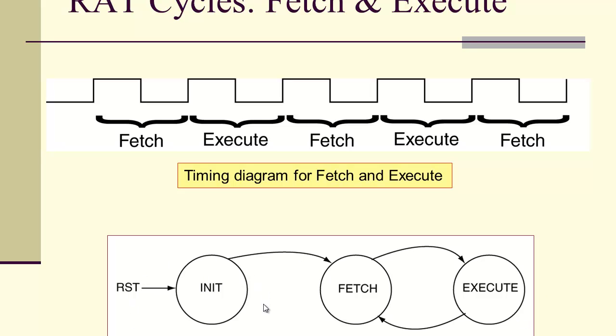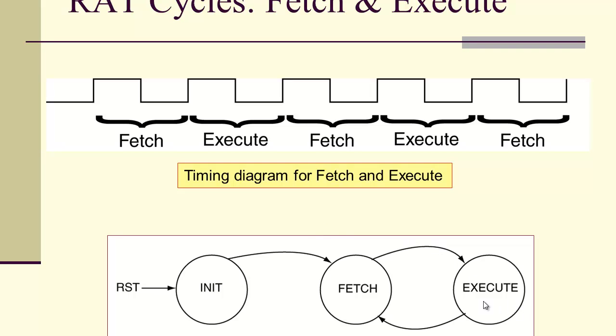The init state is very, very simple, which I will show you because all it's doing is resetting the program counter. The fetch state is really, really simple because all it's doing is fetching the instruction at the given address of the program counter. And so that's the same for every single instruction. The execute is where things get really interesting because to do a move or to do an AND or to do an OR or to do a branch, these are all different things that have to happen.